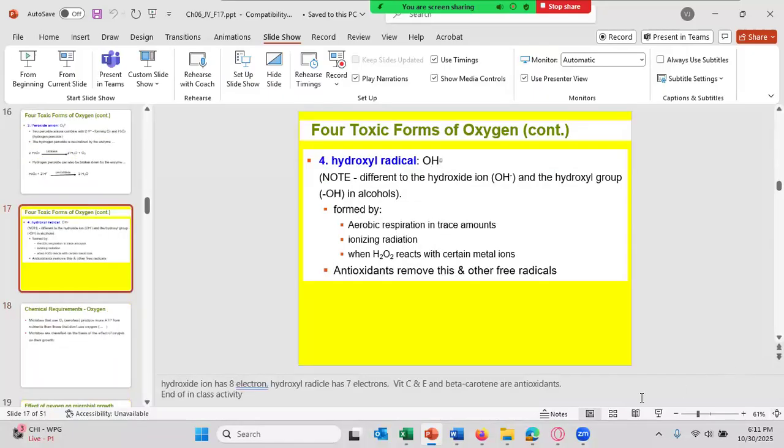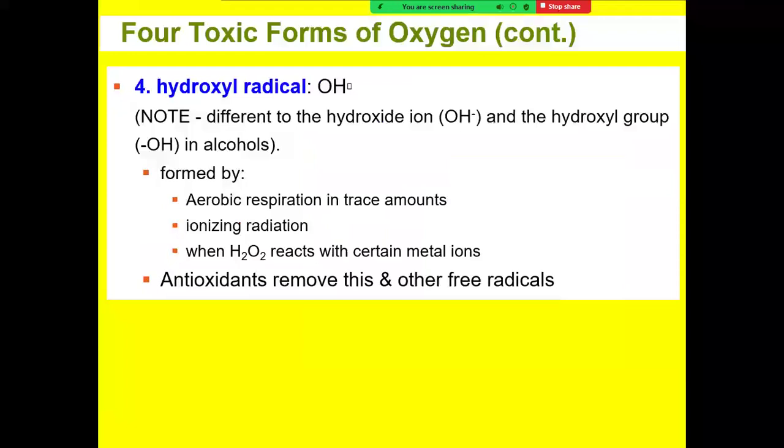All right, the fourth toxic form of oxygen of the four is a hydroxyl radical. Let me blow this up. So here we have the hydroxyl group, and it has this unpaired electron there. Note that it does not have a charge. But this free radical can go up and bump into any molecule and then steal an electron from that molecule.